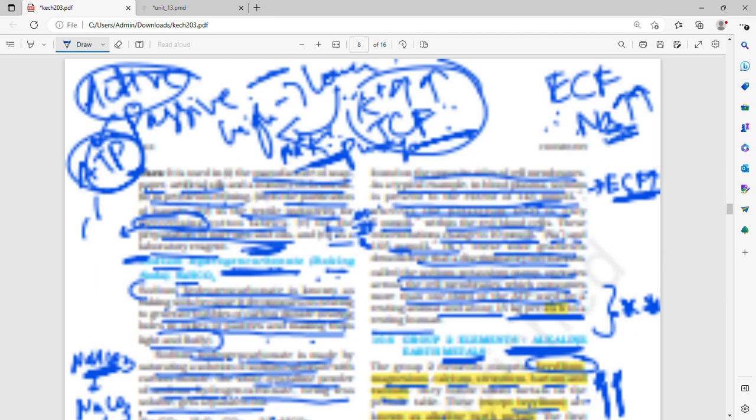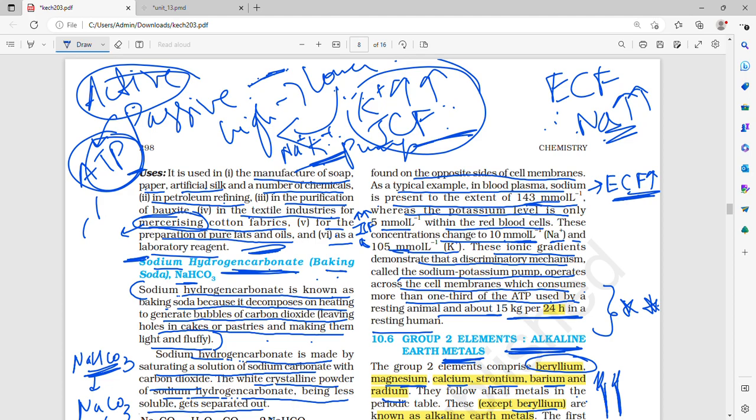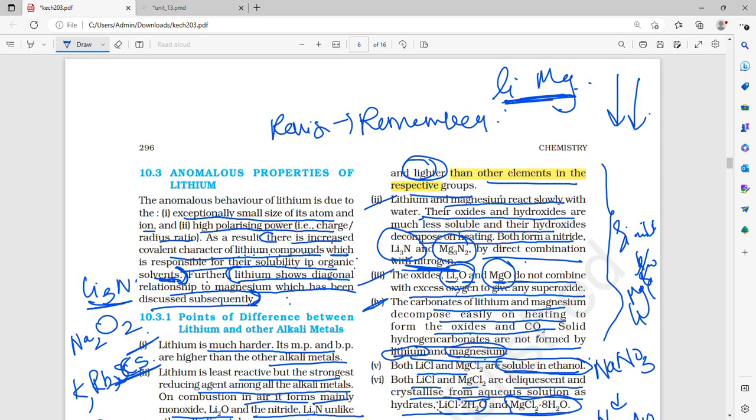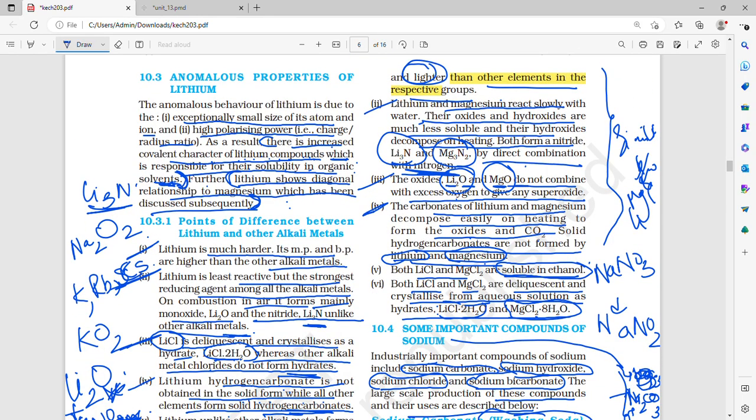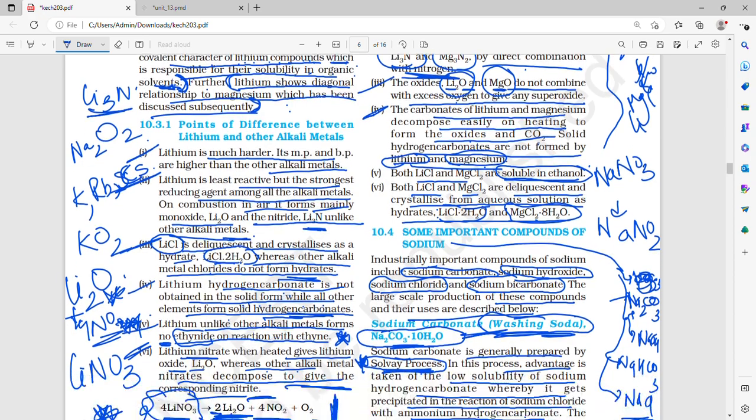Oxides Li2O and MgO do not combine with excess oxygen to give any superoxide. So once they are formed, they are formed. They do not combine with excess oxygen to give any superoxide.